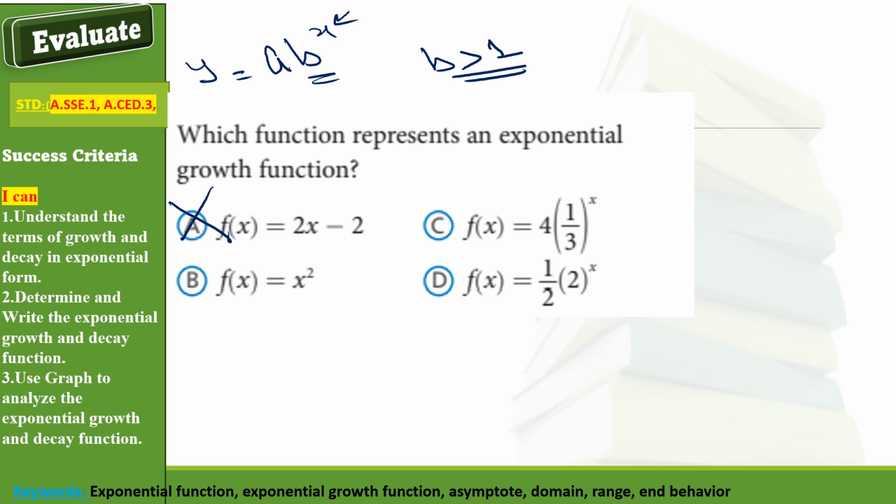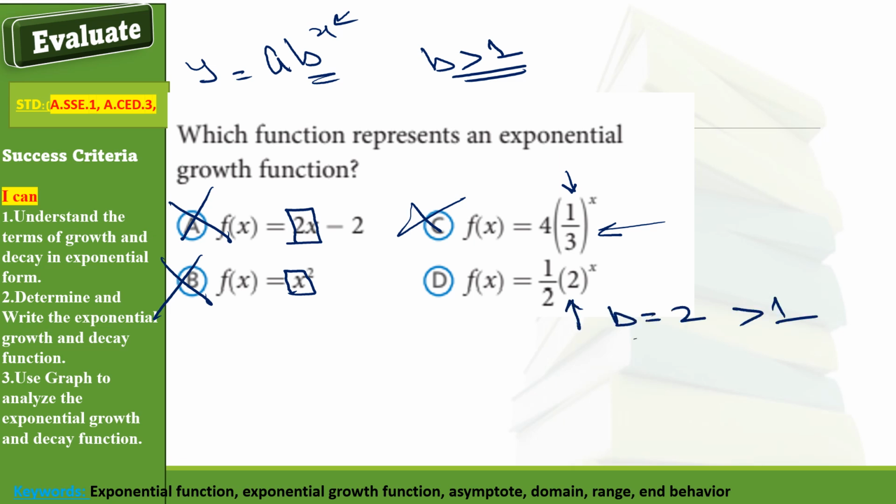You can see in parts A and B, x is not the power, so they are not exponential functions. In part C, the value of b is 1 over 3, which means 0.33, and it is not bigger than 1, so this is also not our option. The only option is D because the value of b is 2, which is greater than 1. So definitely it shows the exponential growth function.